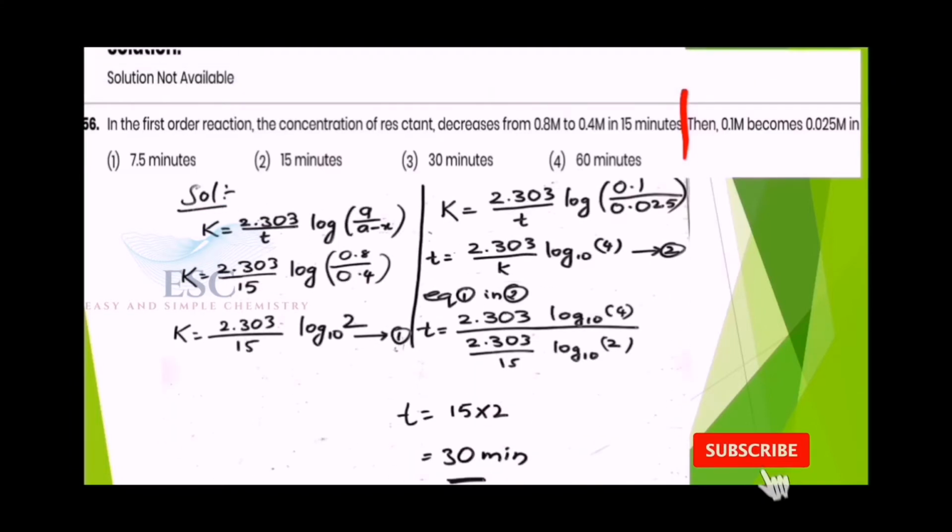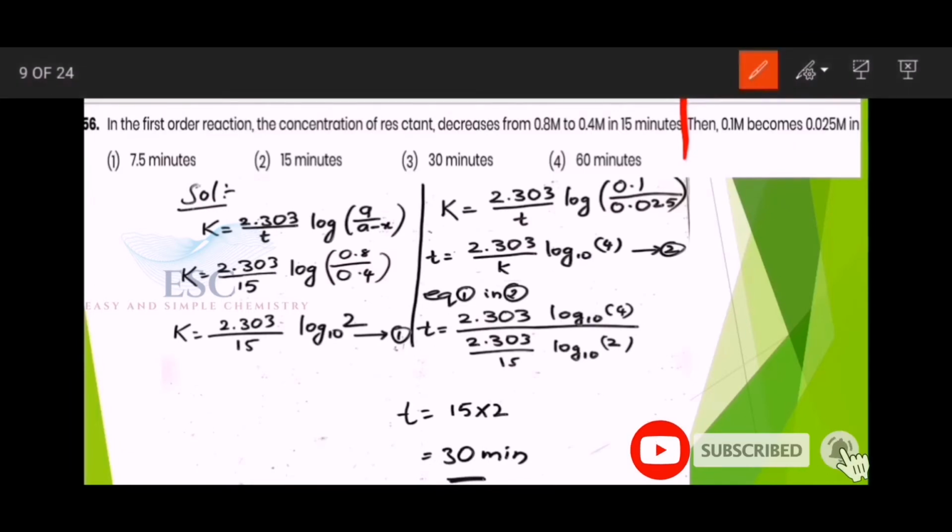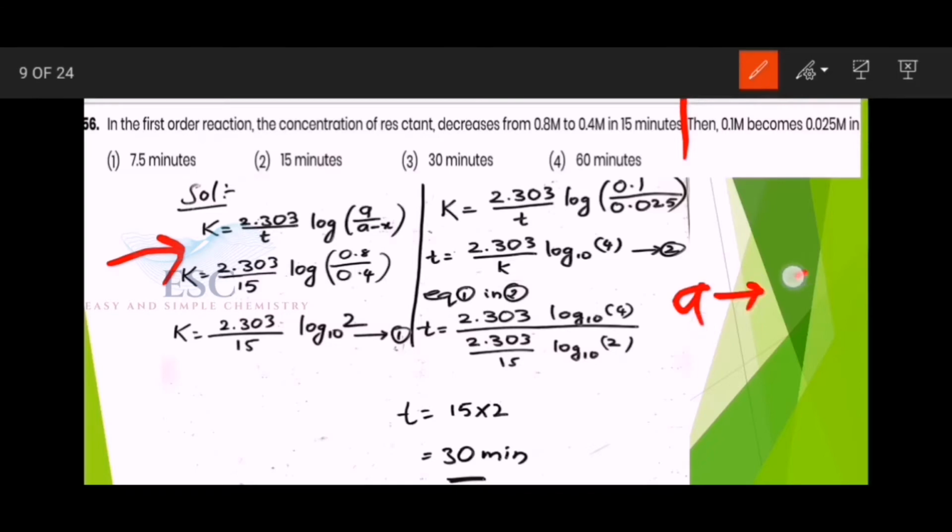See that solution. Two conditions are here. That is the first order reaction equation: k is equal to 2.303 by t log of a by a minus x. Here a is the initial concentration and a minus x is the final concentration. Just substitute the concentrations in all the terms of that equation.